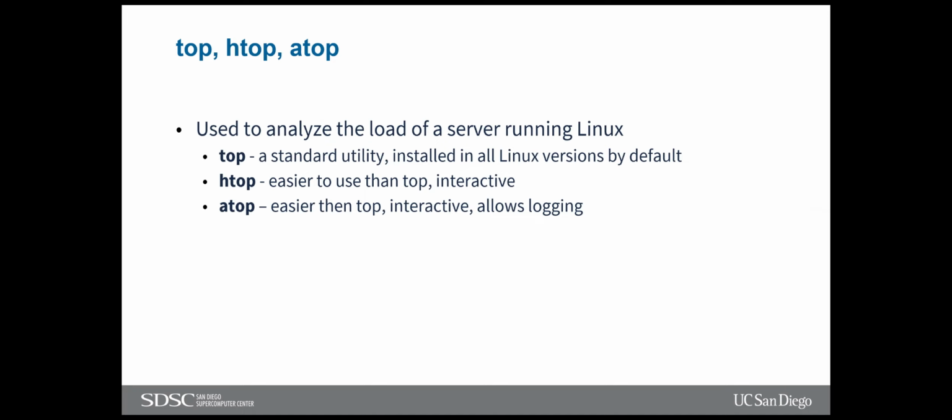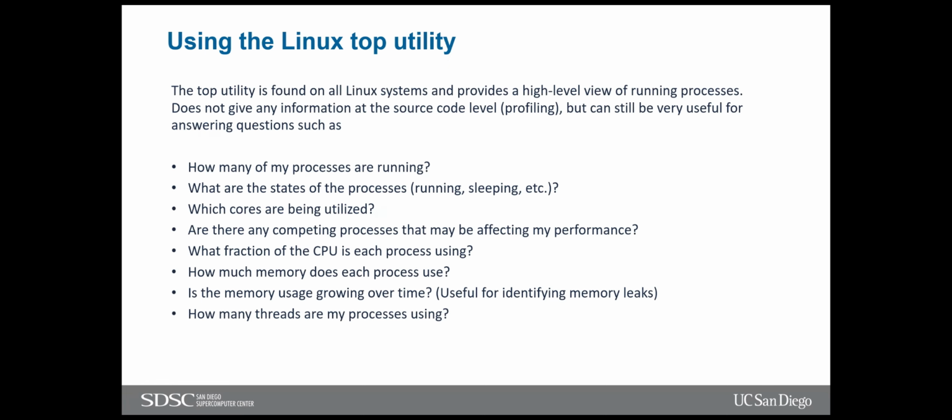The htop and atop are kind of top on steroids and give you other features, but they have to be separately added into the system. So I'm going to spend a lot of time talking about the top command, because a lot of the information that we get in the top command we can find in the other 2 commands. And then I'll just highlight the differences between htop and atop.